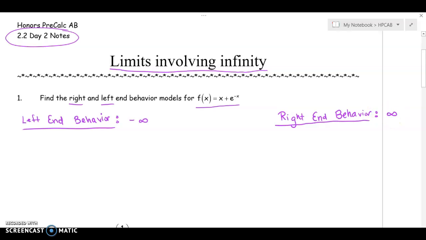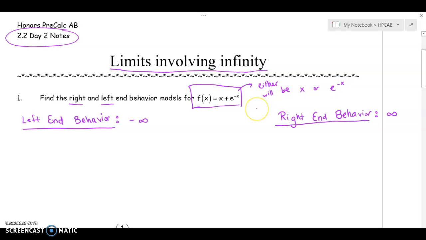For these left end and right end behavior models, typically the problems are going to look similar to this. When you're adding two things together, you have a 50-50 chance of getting these equations right, because the left end and the right end behavior model are either going to be the x or e to the negative x.